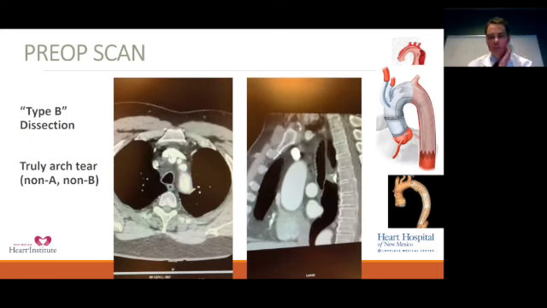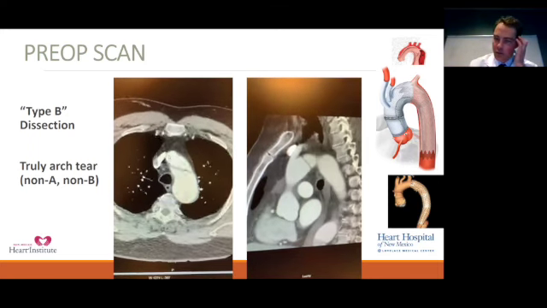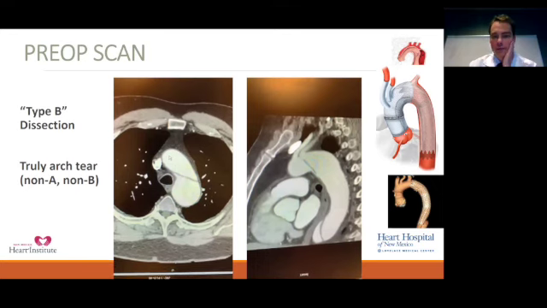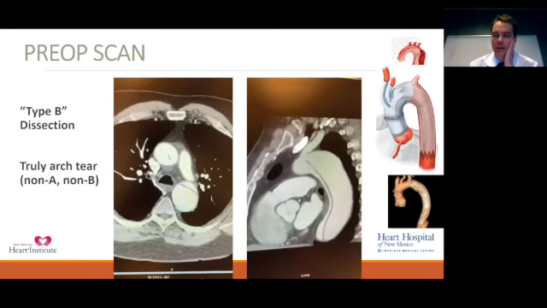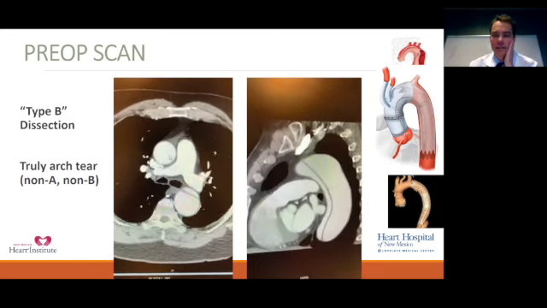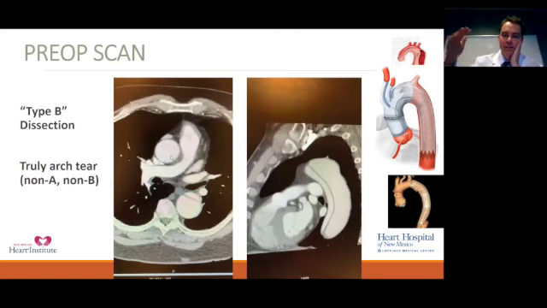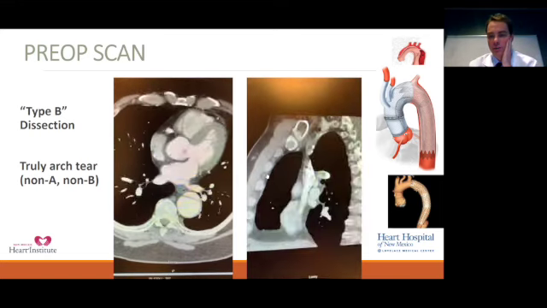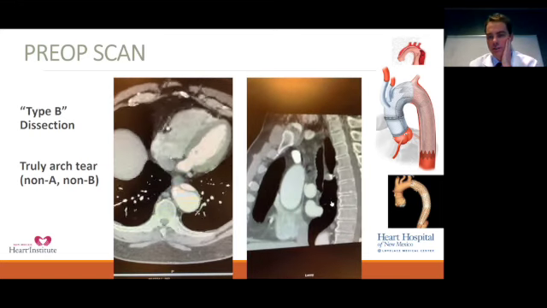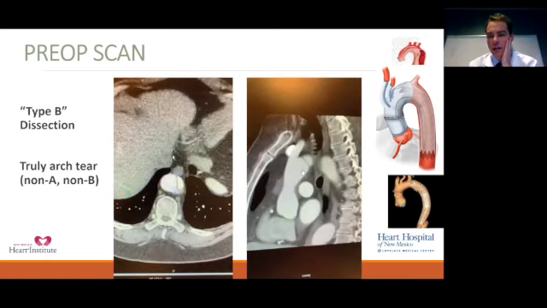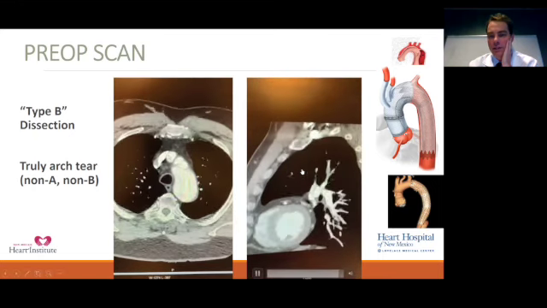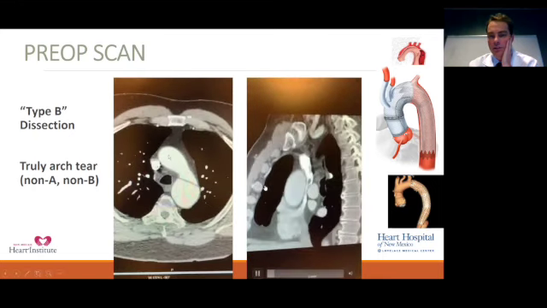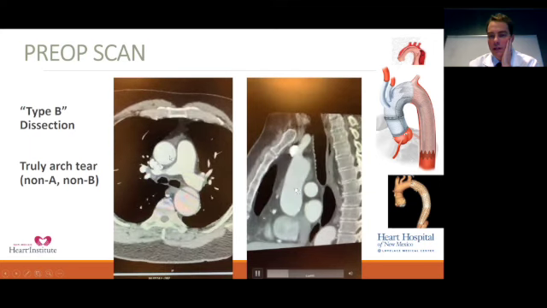And this is what we saw, and this is kind of why I started the talk in terms of a type A or a type B dissection. This is the same CAT scan, just taking slices axially and coronally here. So these are sagittals. And so what you see is that this dissection is in the arch. It's not down here in the ascending aorta.